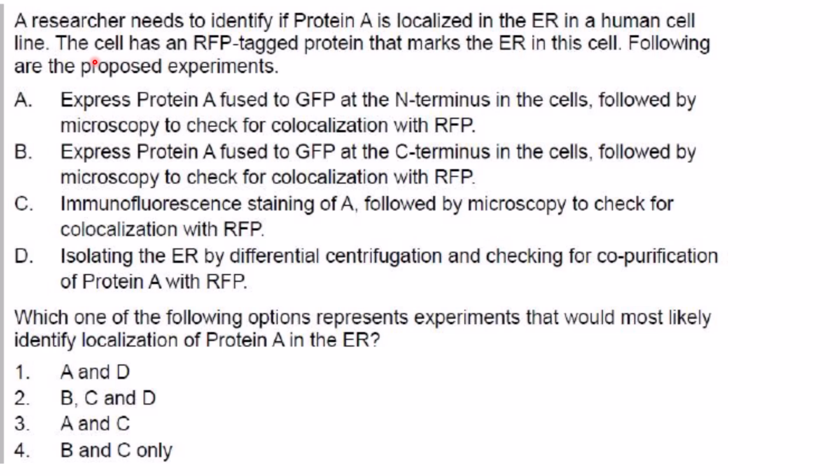If he gets both signals, he can confirm that the protein is localized in the endoplasmic reticulum lumen. So what is the use if he tags the GFP at the N terminus in a cell?